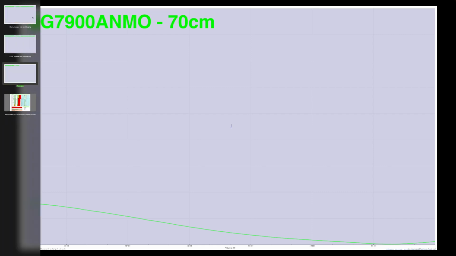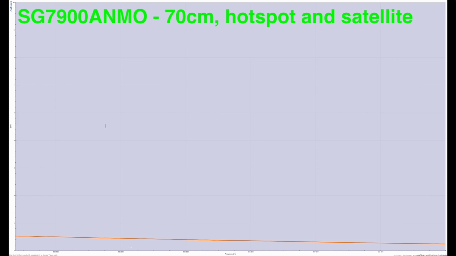And if I look only at the hotspot and satellite subband, the SWR looks okay to me. It's not perfect, but basically my usage in this part of the band is low power anyway.